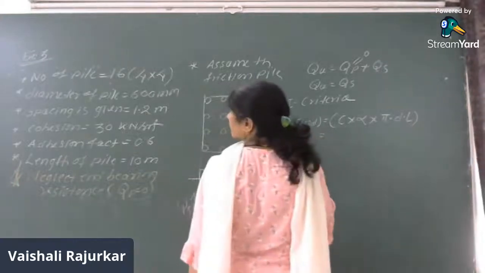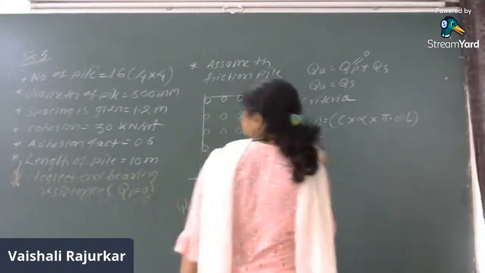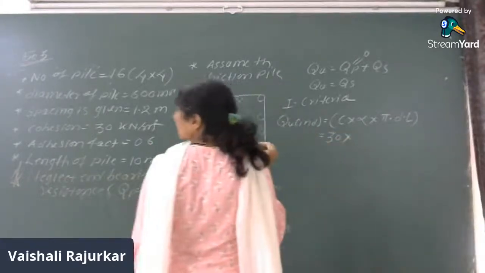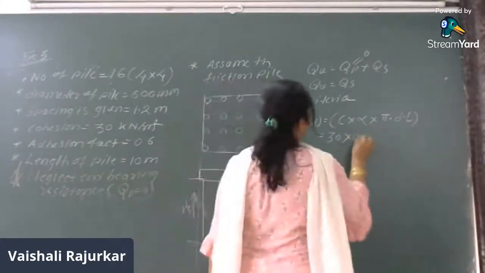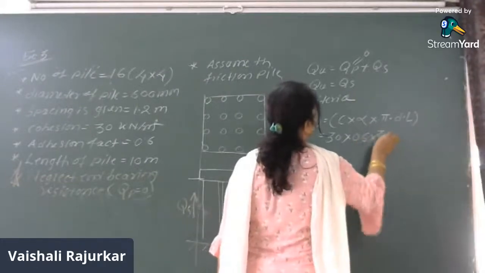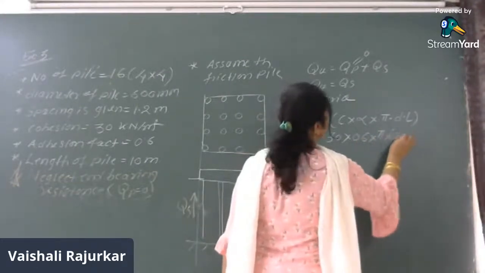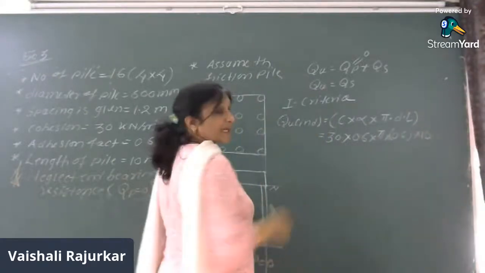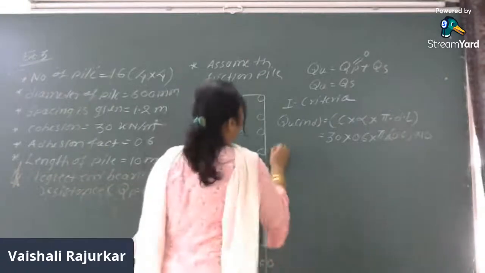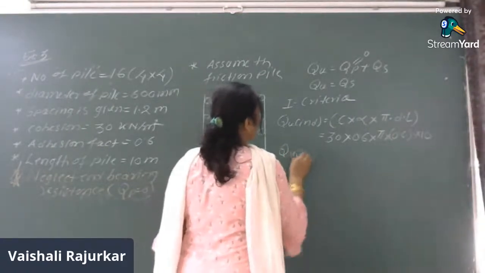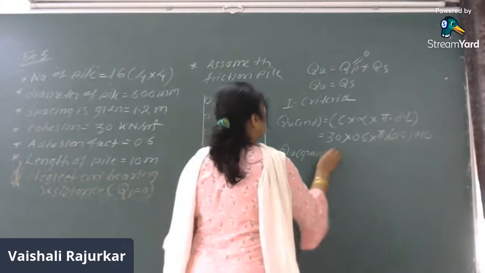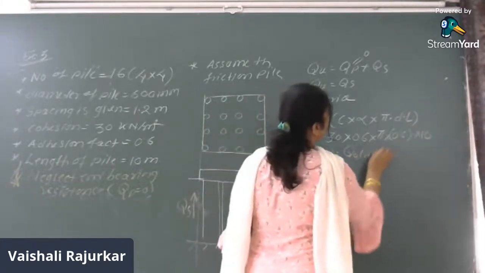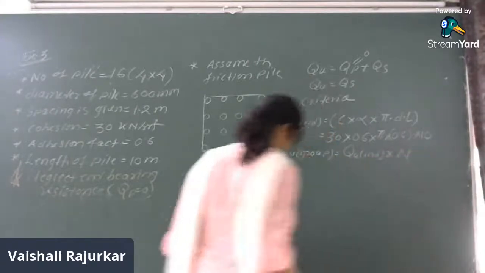What is C? C is 30 into alpha is 0.6 into pi, then 0.6 into 10. So this is the load carrying capacity of an individual pile. Now we will find out the QU for group. QU for group is equal to QU for individual multiplied by number of piles.